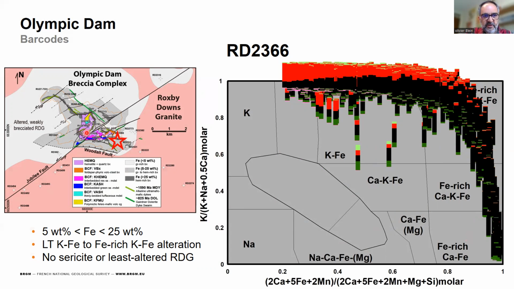And finally, in the core of the system, we do not observe barcodes dominated by potassium. We observe only a trend characterized by barcodes dominated by iron. This alteration path, deflected by low temperature alteration, is distinct from the alteration path dominated by high temperature alteration within the Gawler magmatic zone.